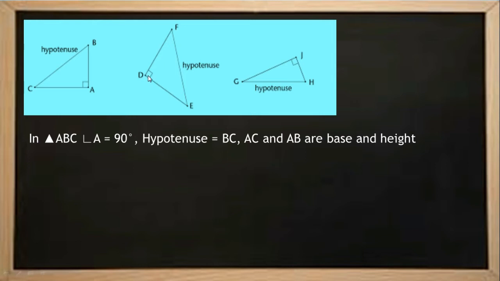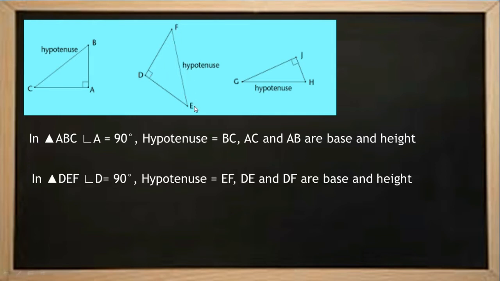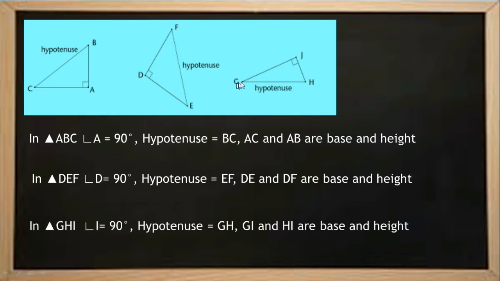So the side opposite to angle D is EF, which is the hypotenuse, and the remaining two sides DE and DF are base and height. And in the third example, in triangle GHI, angle I is 90 degree. So the side opposite to angle I is GH, which is called the hypotenuse, and the remaining two sides are base and height, that is GI and HI.